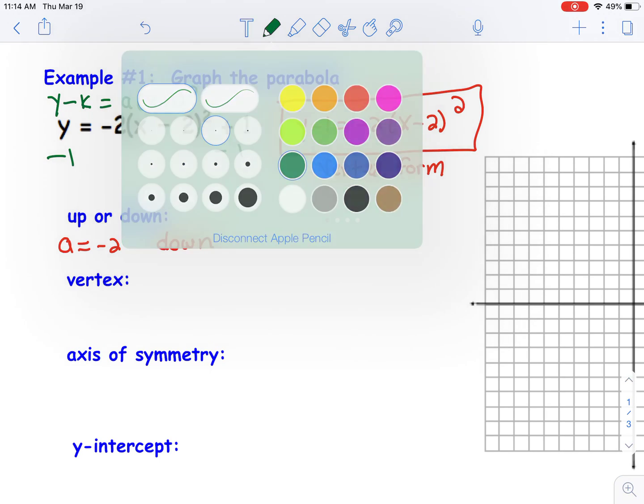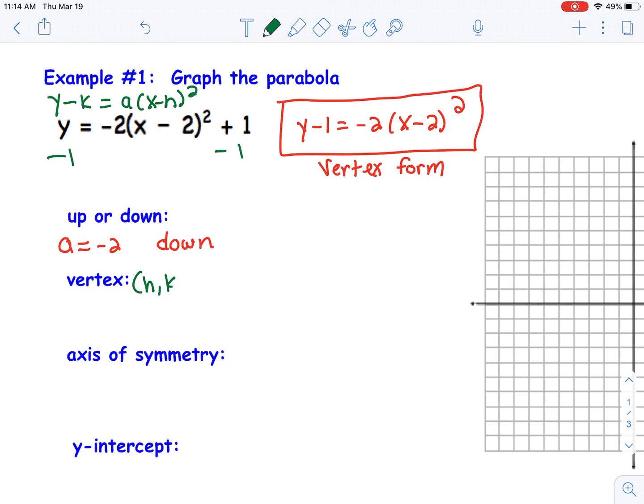My vertex is h, k. That means I need to take the opposite sign. So I'm going to be looking at 2 and negative 2 and negative 1. So my vertex is going to be 2, 1, because I take the opposite sign.